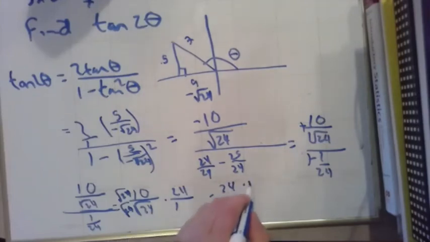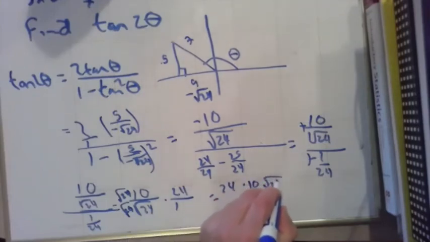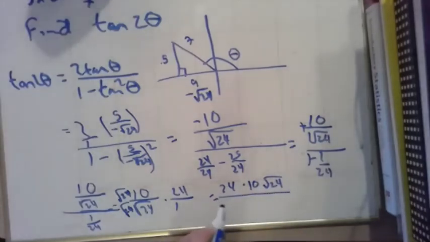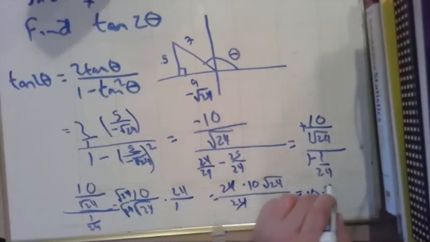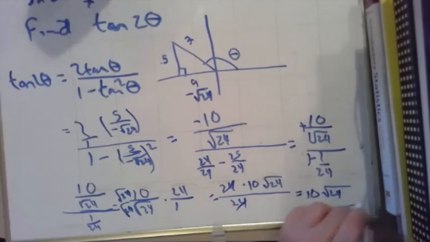You know what? I'm not going to multiply those yet because I know what's going to happen. I'm just going to write them out. 24, 10, root 24. On the bottom, root 24 times root 24 is 24. That will cancel that 24. And we just get 10 times the square root of 24.